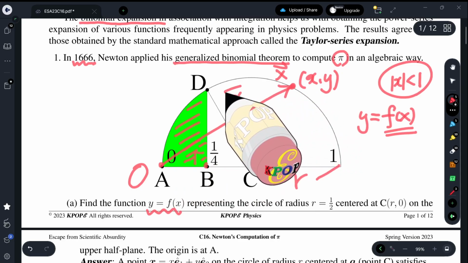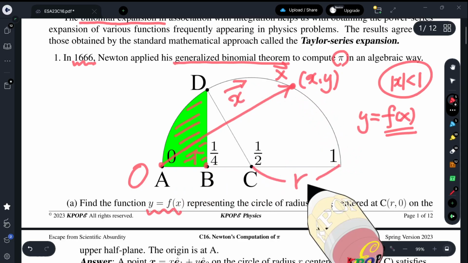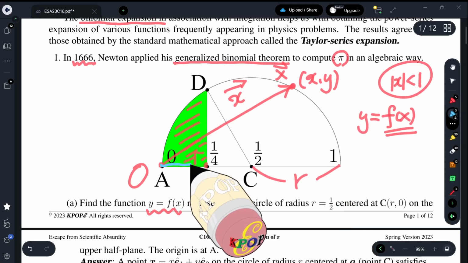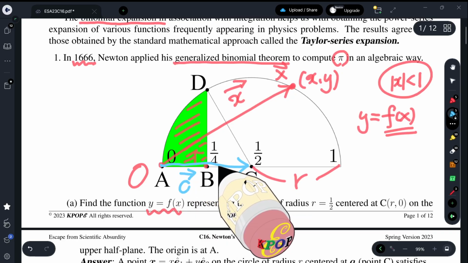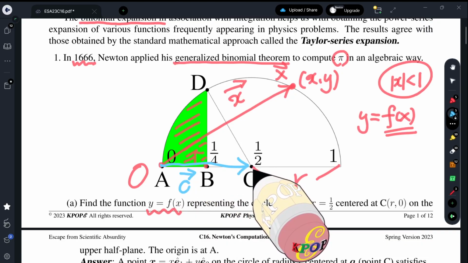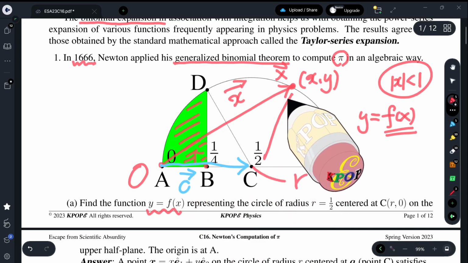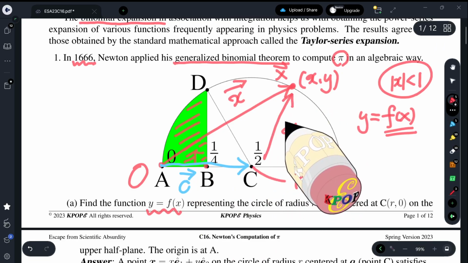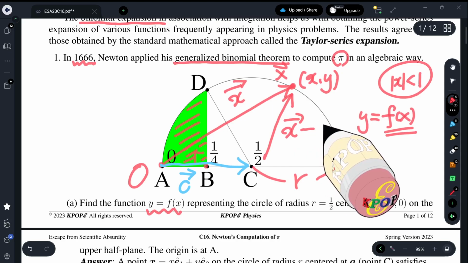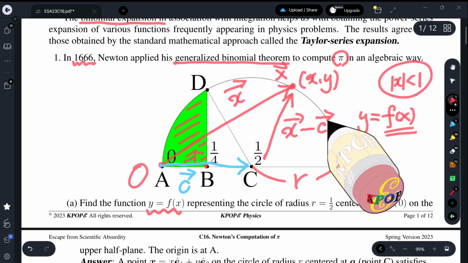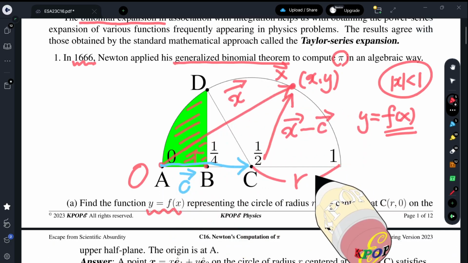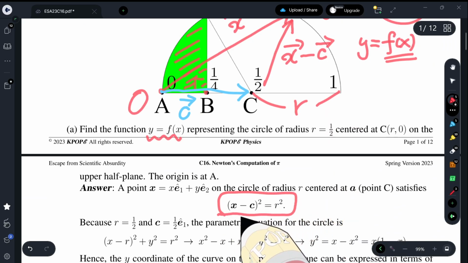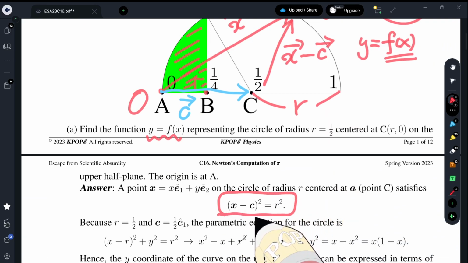From the origin, I can draw another vector c, whose length is the radius. From this, we find this vector is x minus c. Because the radius of this circle is r, the scalar product of x minus c with itself is r squared.